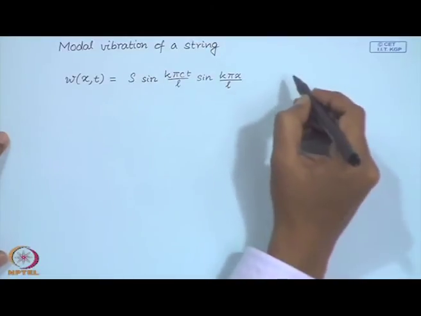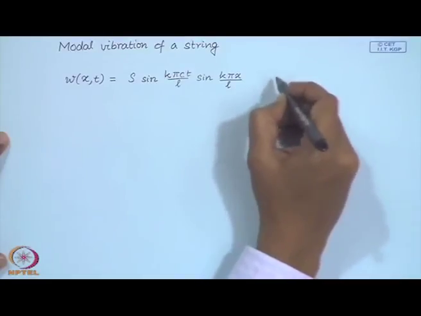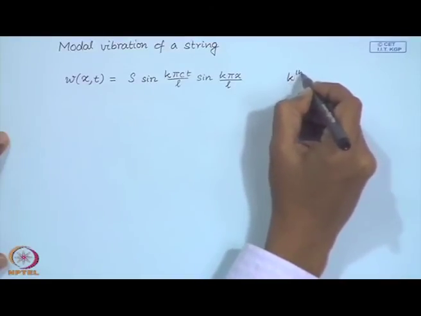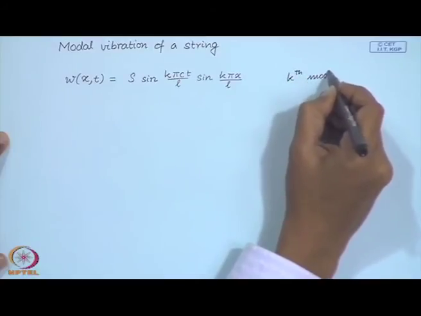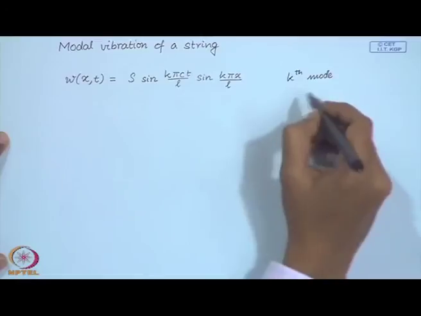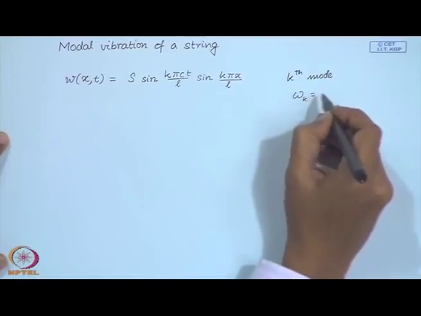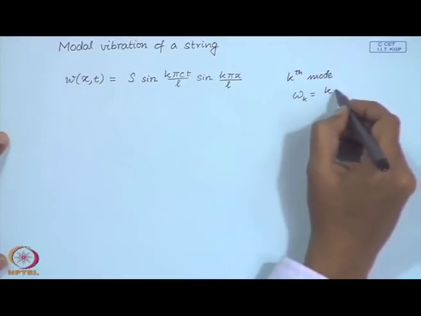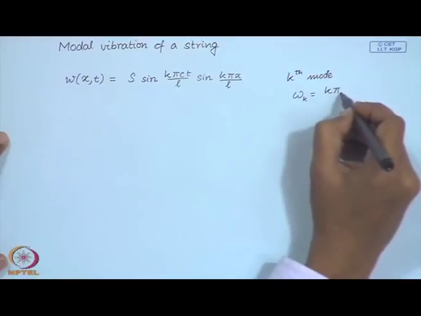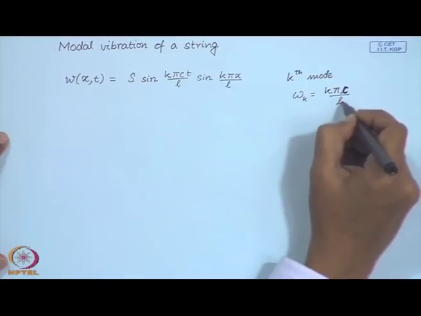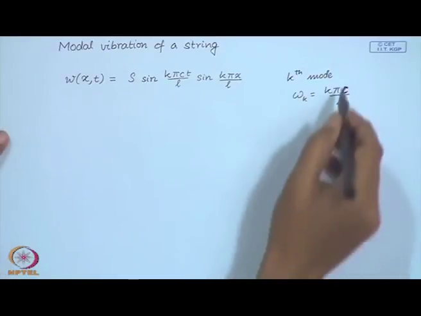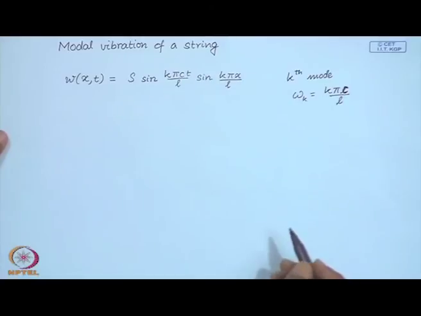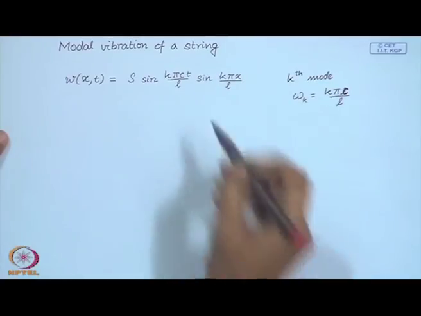So, here this is what is known as the kth mode, and we recall that the circular natural frequency of the kth mode is given by k pi c over L, and this is the corresponding eigenfunction.